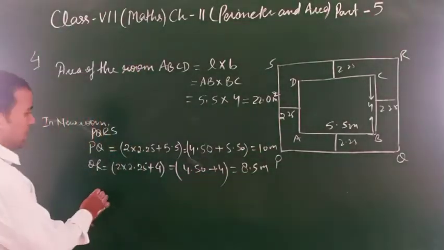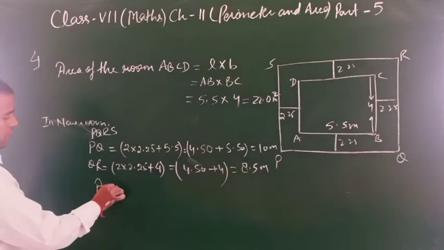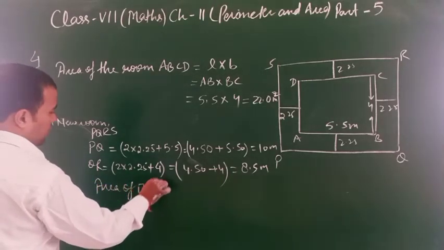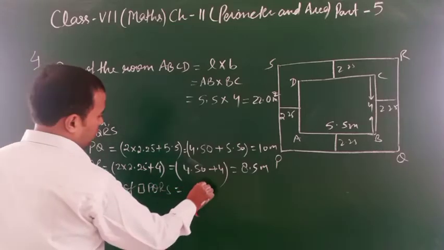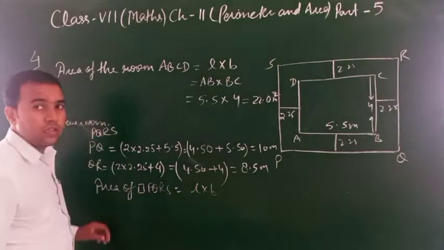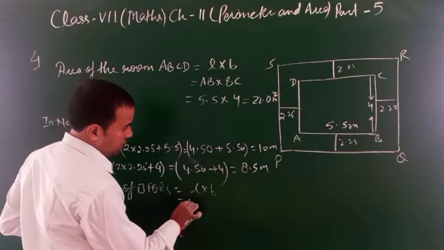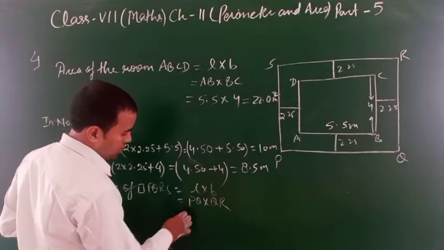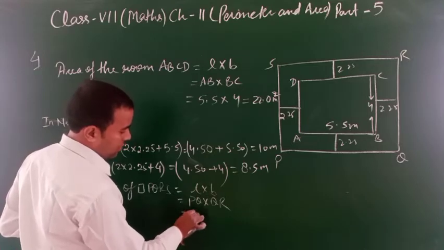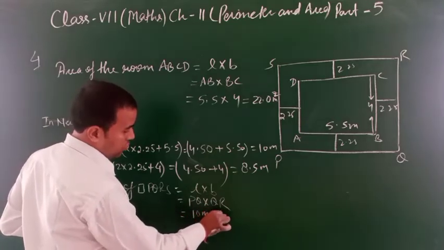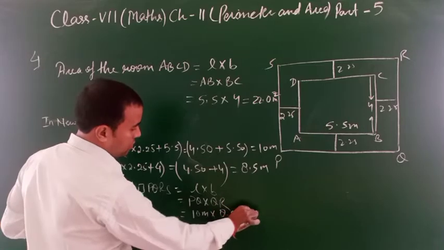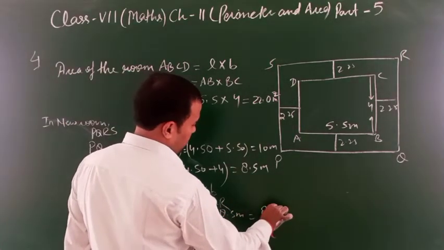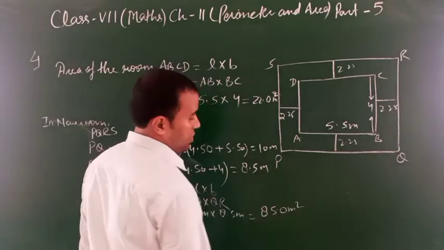So their area PQRS equal to L into B, PQ into QR, means 10 meter into 8.5 meter means 85 meters.